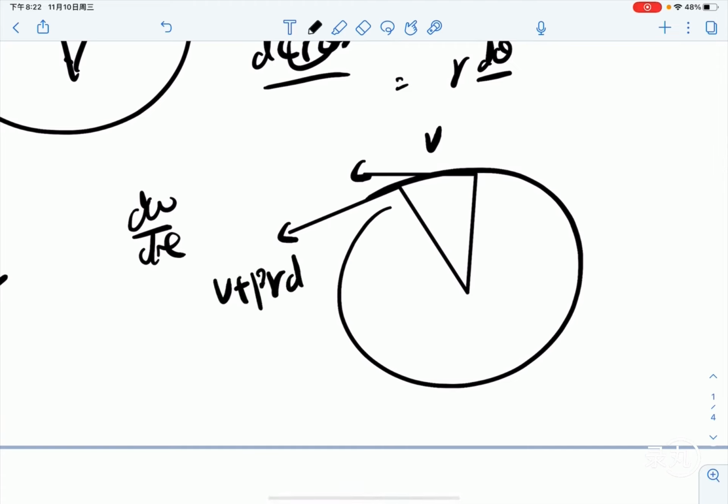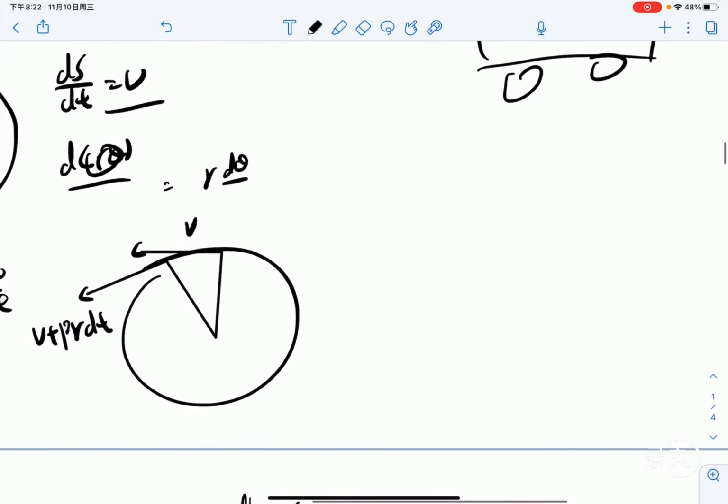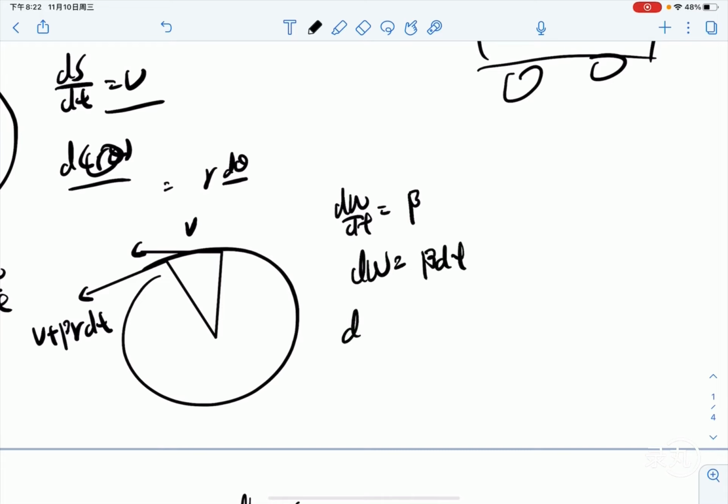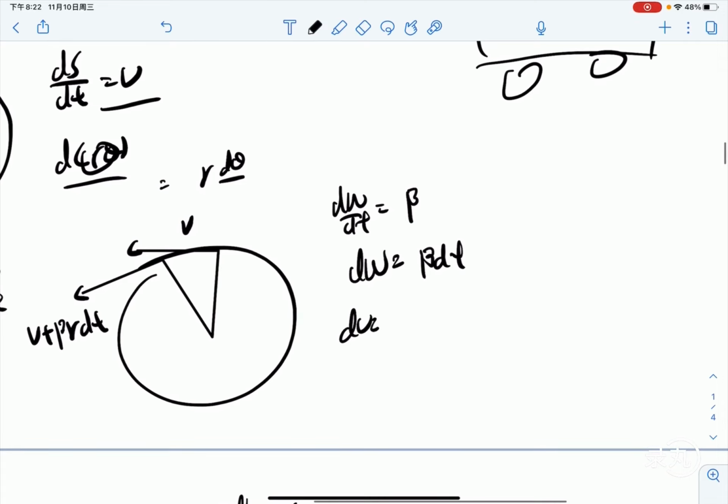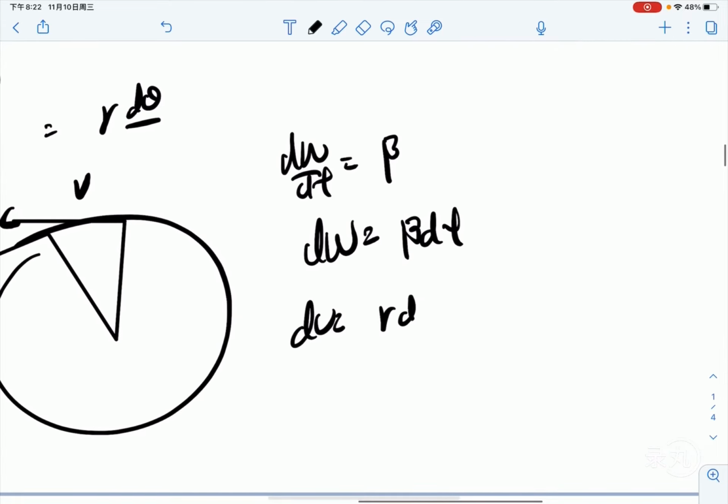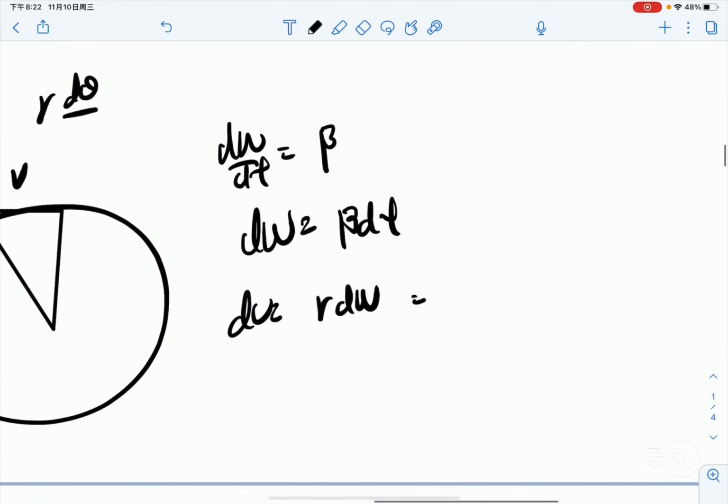I'll show you why. So basically, dW dt is beta. So dW is equal to beta dt. So dv is r dW, which is equal to beta r dt.